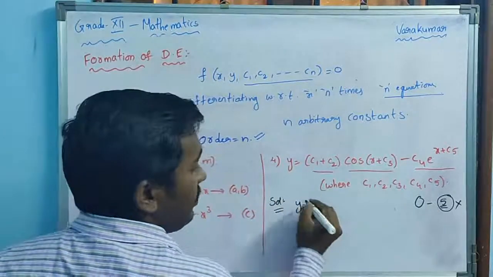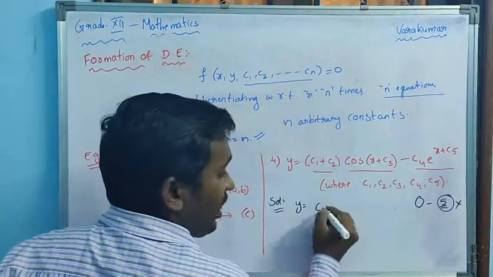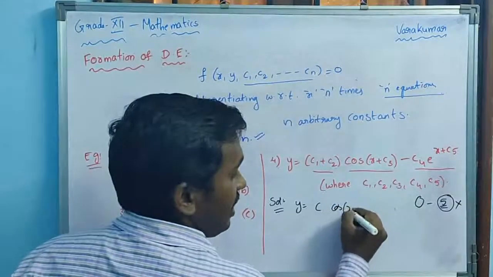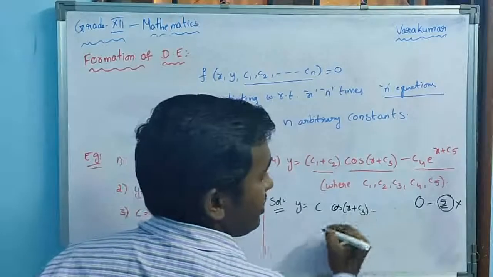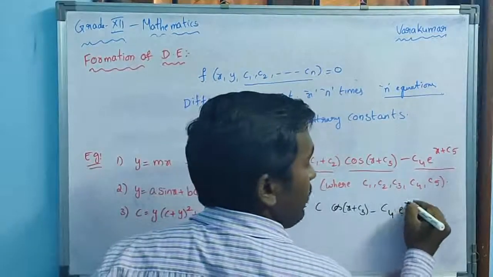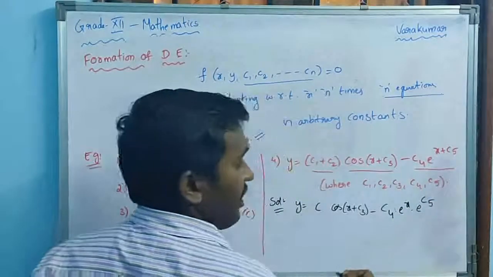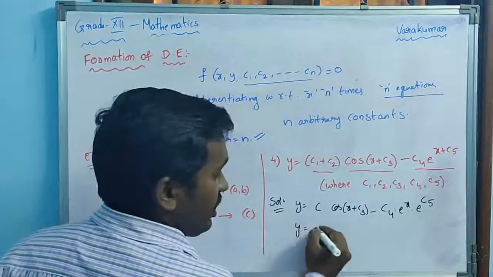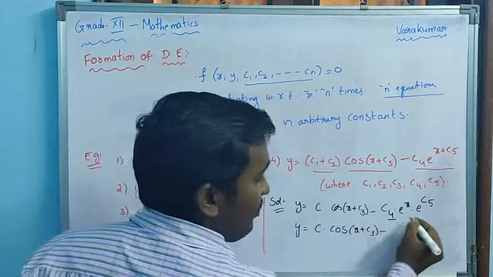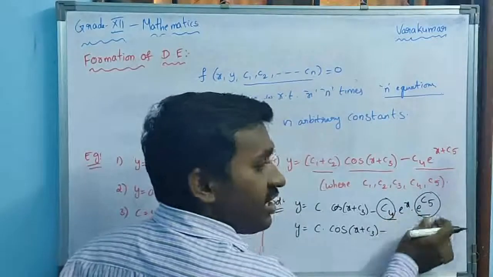Let me explain. y is equal to c1 plus c2, and we can write them as one constant together, because c1 plus c2 is a constant, into cos of x plus c3 minus c4 into e power x into e power c5. If you simplify, y is equal to c into cos of x plus c3 minus c4 and e power c5. e power c5 is also one constant, so constant and constant is again a constant.